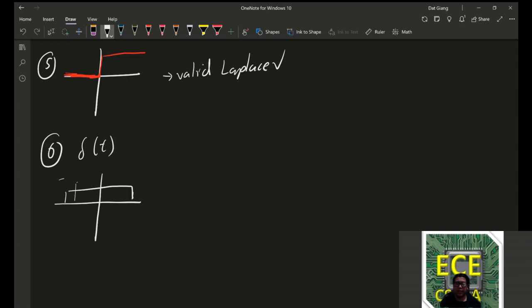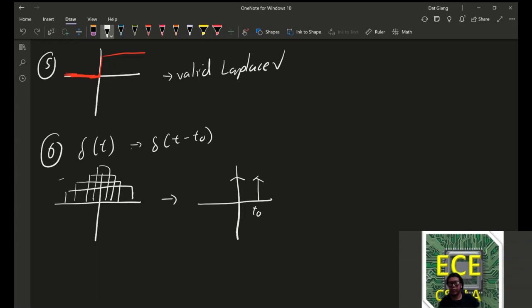But we can also say this could represent our area of 1, and this could represent our area of 1, and so on and so forth. Before we know it, we can approximately represent this as an arrow that shows the delta function's magnitude centered at 0. If we were to shift it, it would be centered around, instead, t naught, for example.